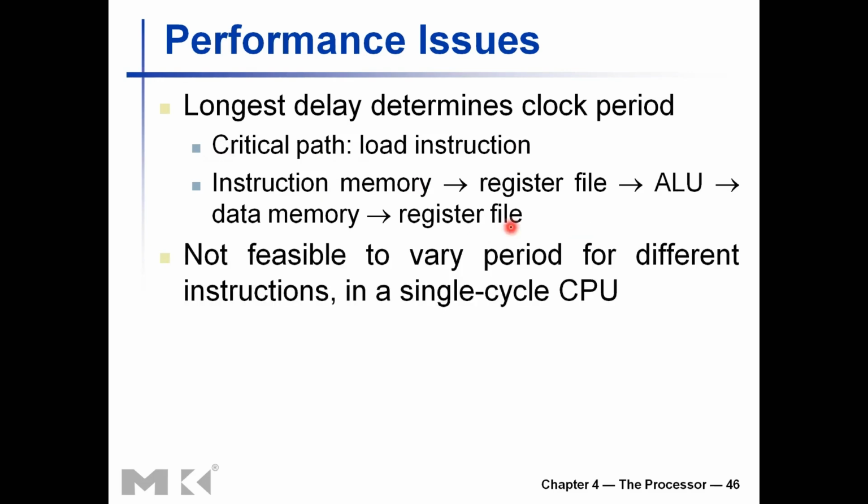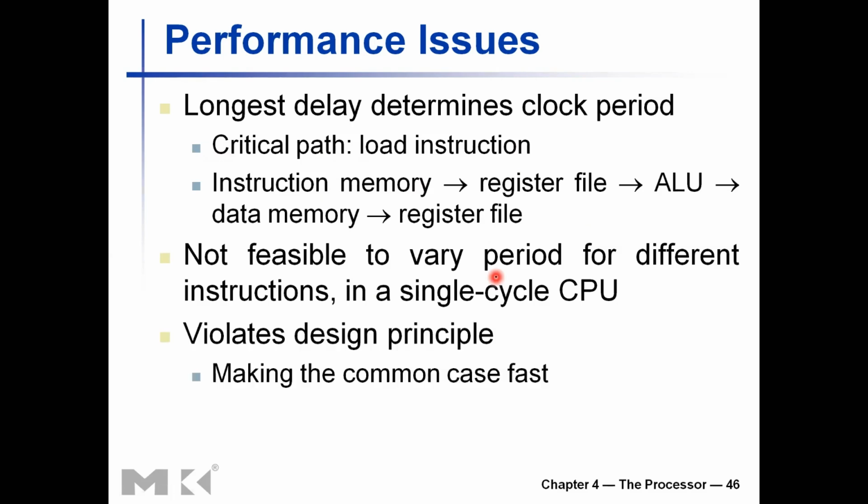Right. So in the single cycle implementation, it's not feasible to change the time period for different instructions, because the clock period has to be fixed, and it has to be fixed for the slowest instruction. So it violates our design principle that we had a look at earlier on, making the common case fast.